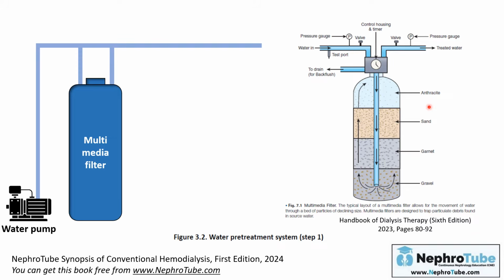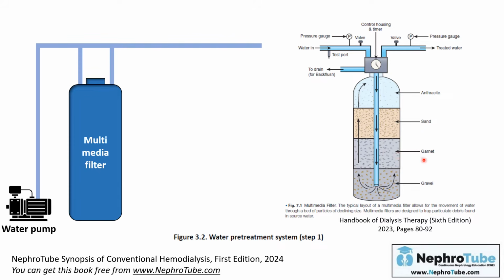The water comes from this tube, then is pushed through this tube to the bottom of the multimedia filter. Then the water moves by pressure through the multiple layers, and as it goes up, the pores between the different layers become smaller.